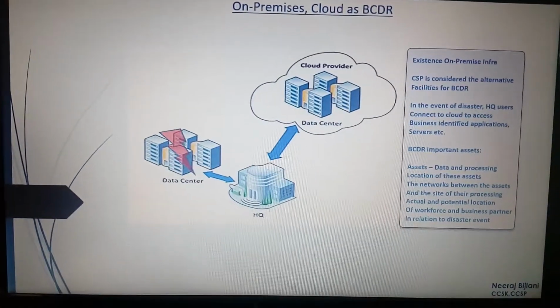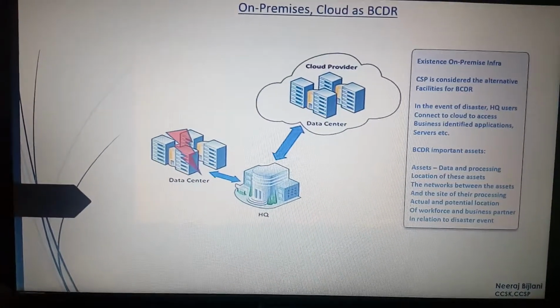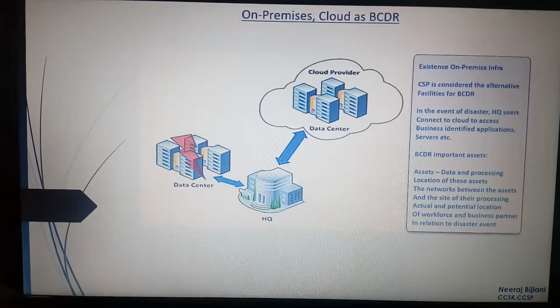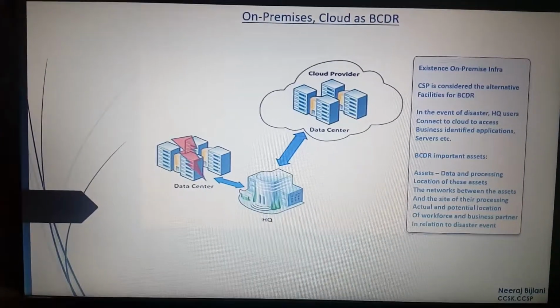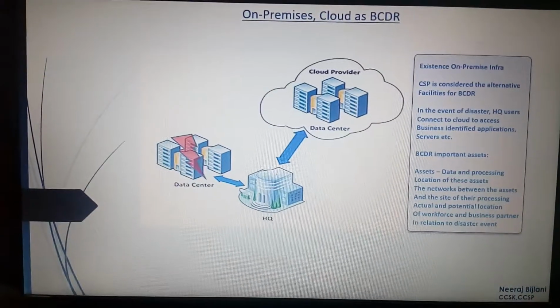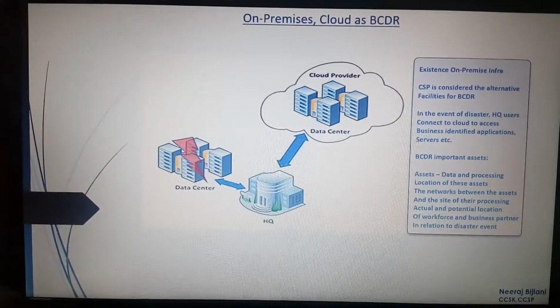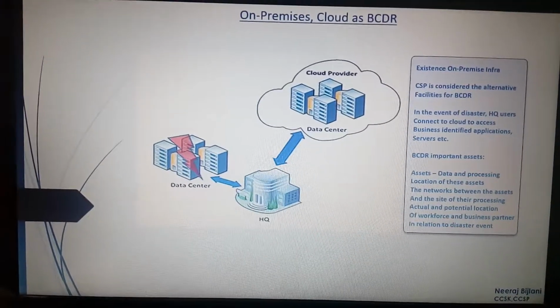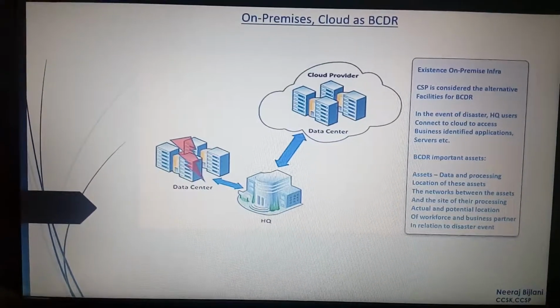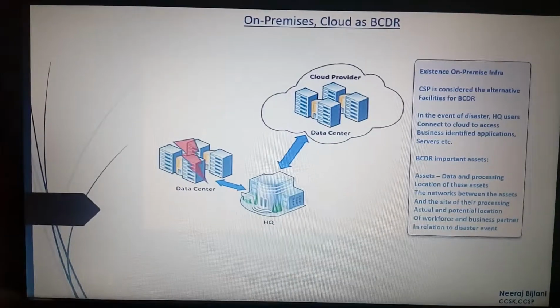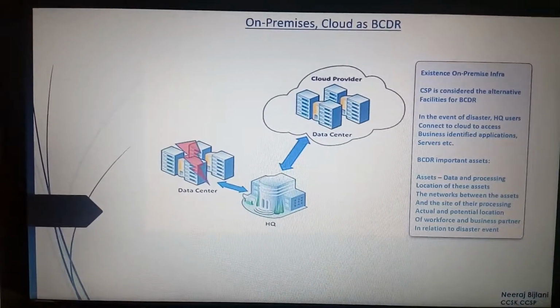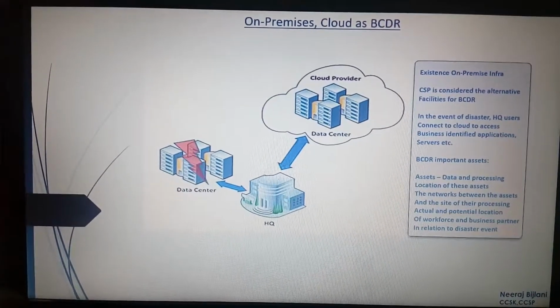Now customers want to move their business continuity and disaster recovery model to cloud. They have an on-premise data center for the primary products and services, and they can extend the backup or disaster recovery data center to the cloud provider.